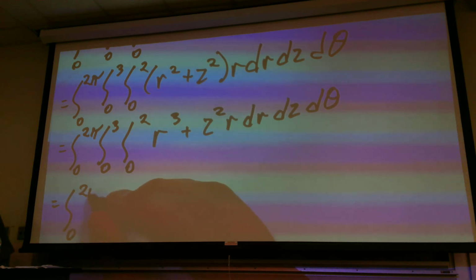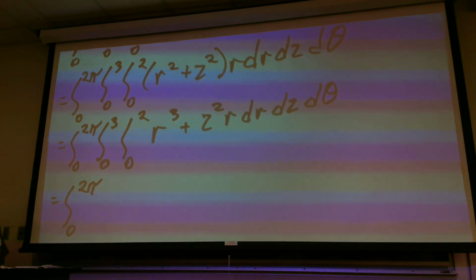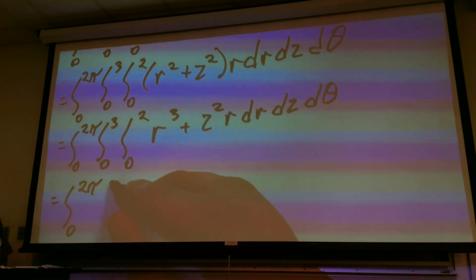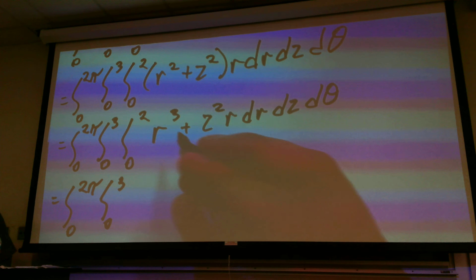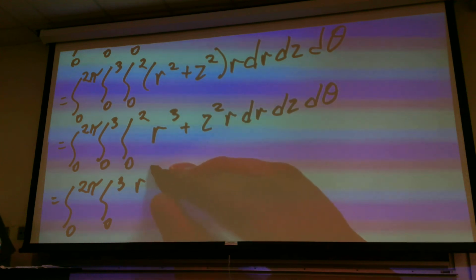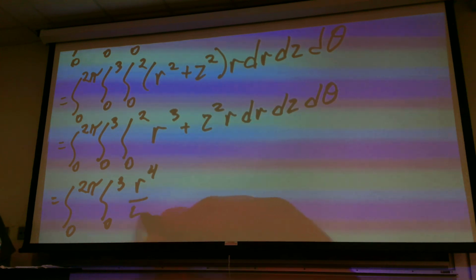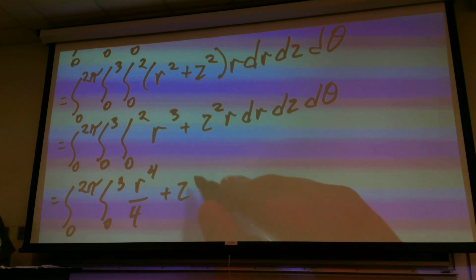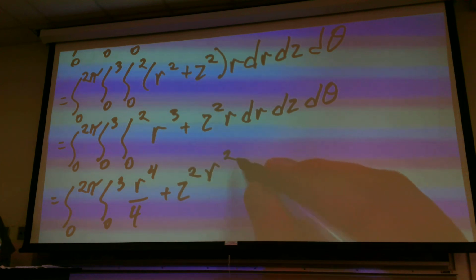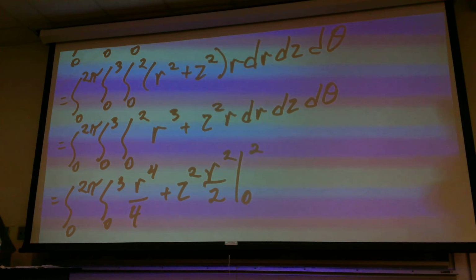That becomes the integral from 0 to 2 pi, the integral from 0 to 3. So r cubed becomes r to the 4th divided by 4, and then plus z squared times r squared divided by 2. Both of these will be evaluated at 0 and 2. And we did the integration with respect to r, so now this becomes dz d theta.